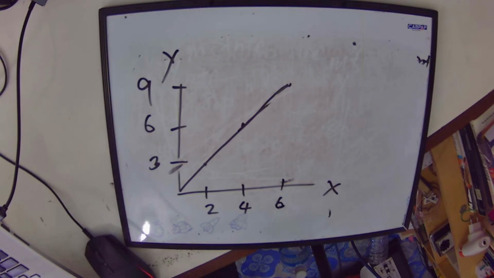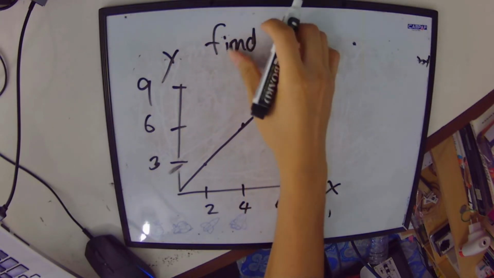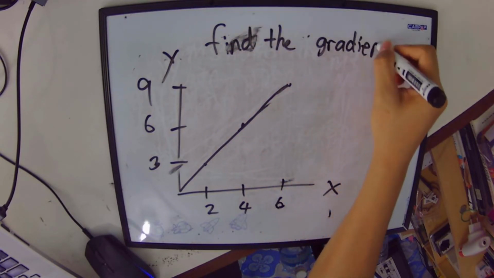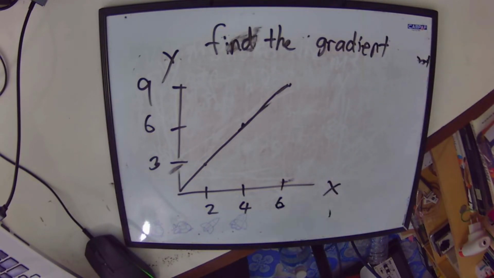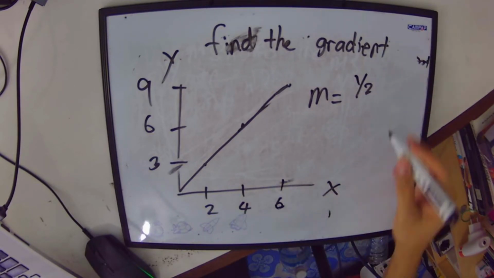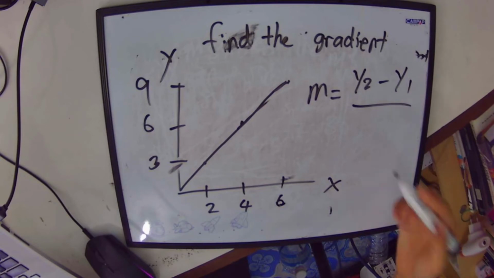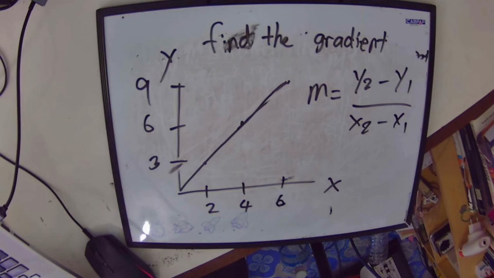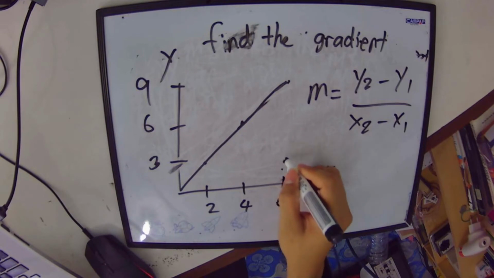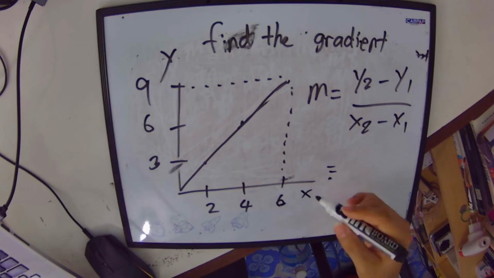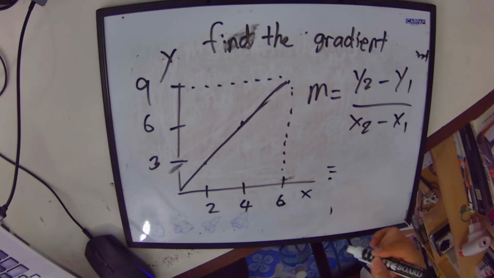So sekarang katakanlah find the gradient. Okay? And you can try along at home as well. So guna saja formula m equals y2 minus y1 over x2 minus x1. So apa yang kita kena buat ialah kita kena cari 2 point lah. So we'll use this point. So in the first point, y equals 9 and x equals 6.